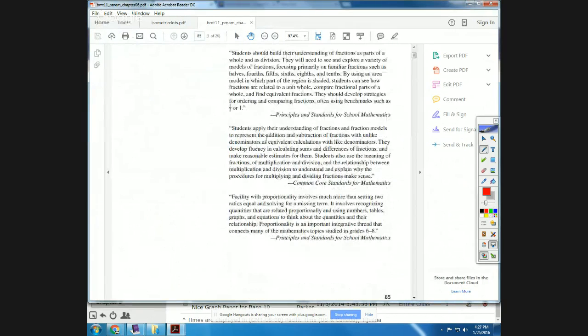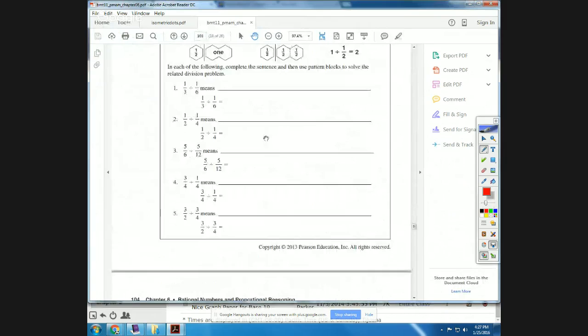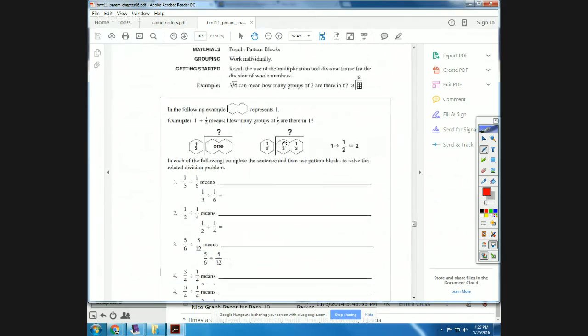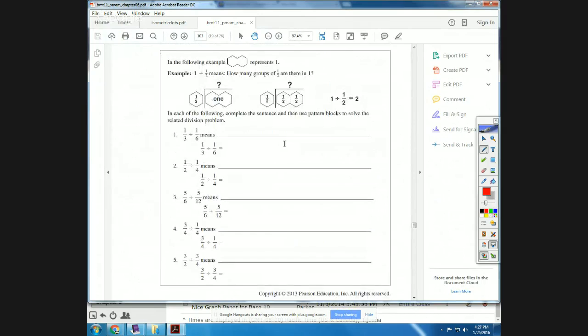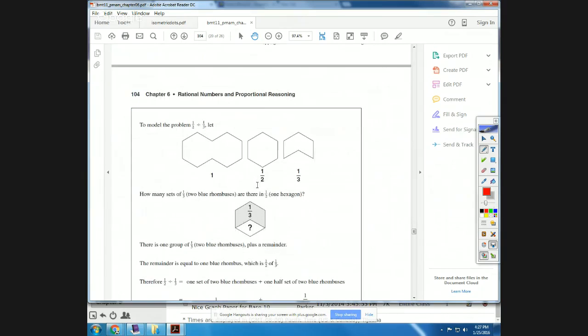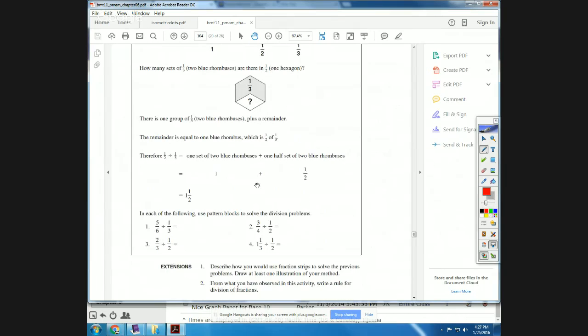Okay, so that's this one right here, right? Yes. Yeah, so here we're viewing division as finding groups in another one. So let's do one of these. I'm going to jump to one on the next page.